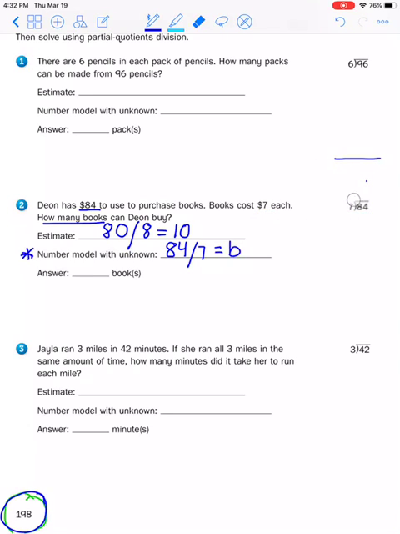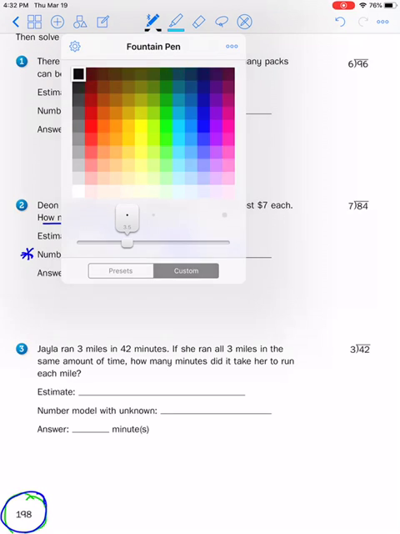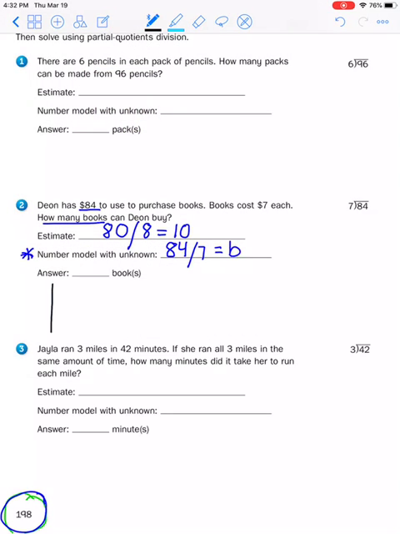So what you're going to do now is use this information to do partial quotient division. So you're going to start off by drawing your initial rectangle, and I'm going to make it a little smaller. Remember, you need to make $7 per book, and you have $84.